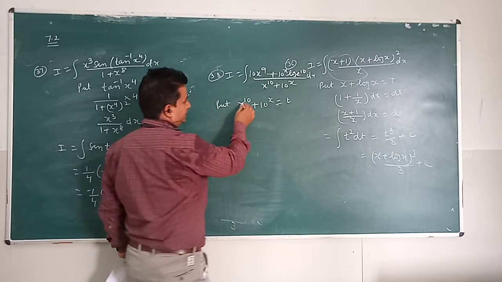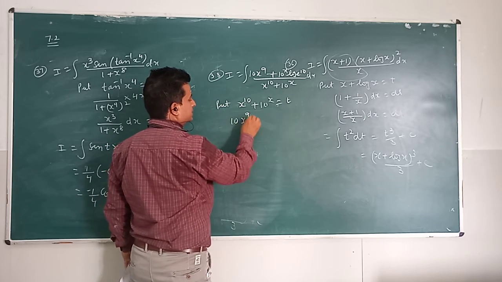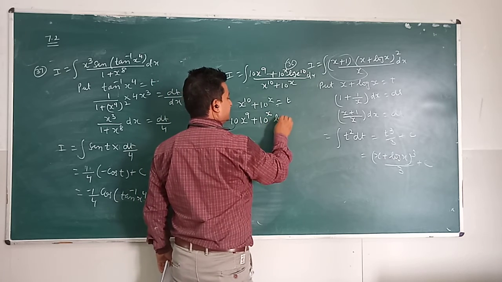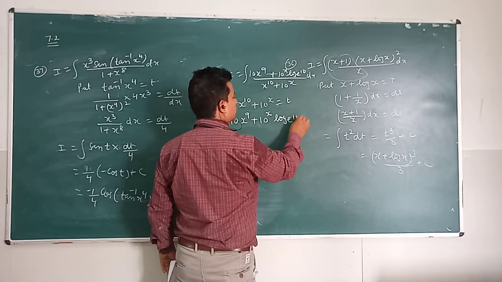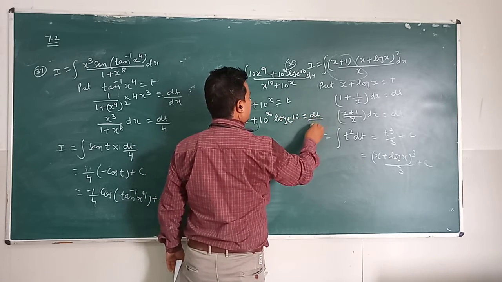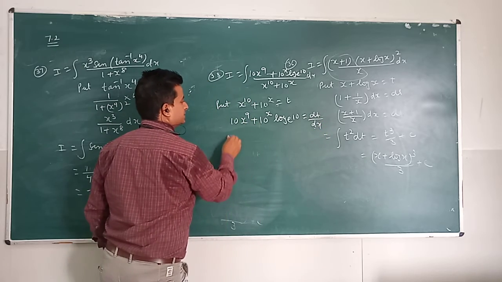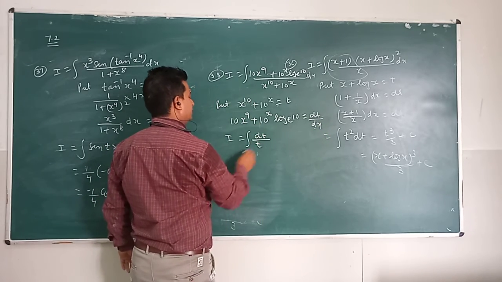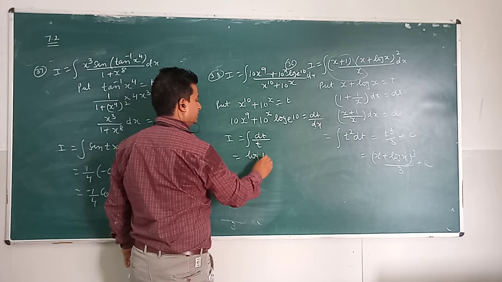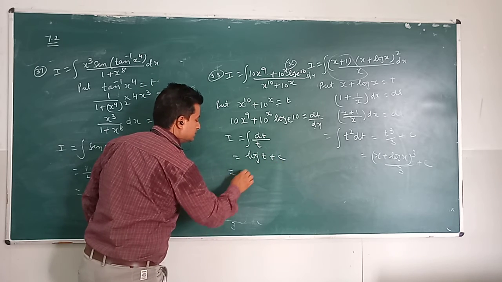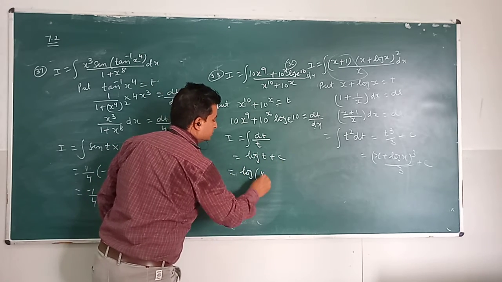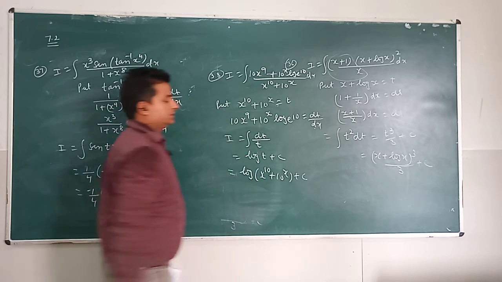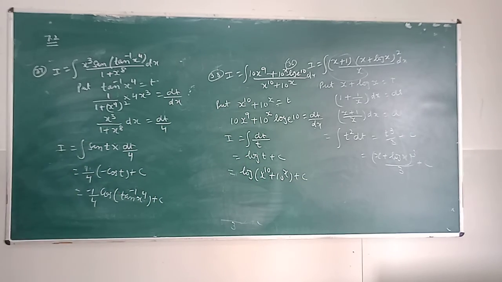When we differentiate this with respect to x, this is 10x to the power 9. For constant to the power variable, it is same as it is into log of constant. This is dt upon dx. When we multiply this, this becomes dt upon t. This is log t plus c. So the answer is log(x power 10 plus 10 to the power x) plus c. This is the answer of this question.